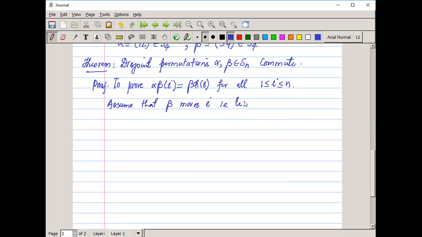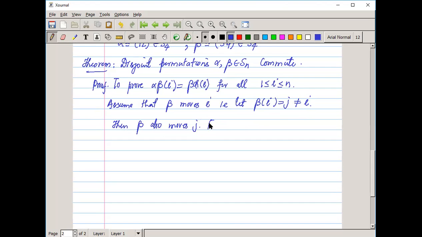That is, let beta of i be equal to j, and this j is not equal to i. Then beta must also move j.